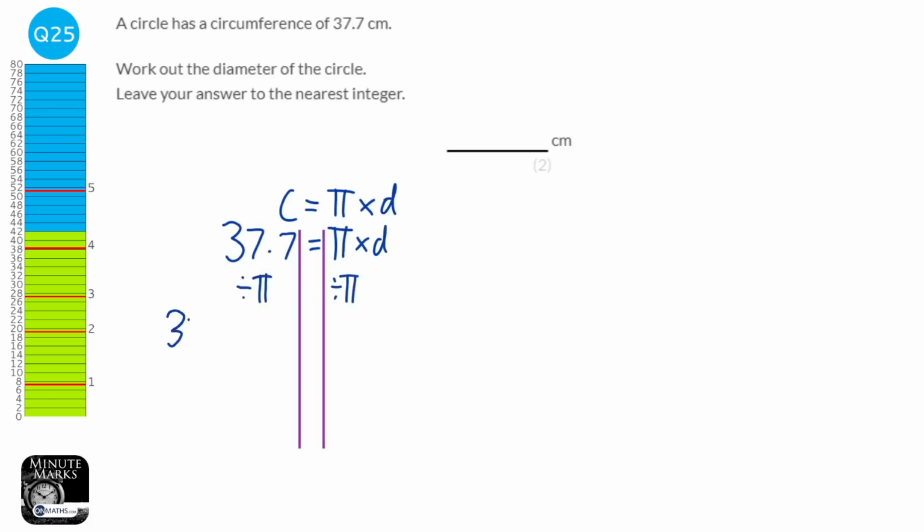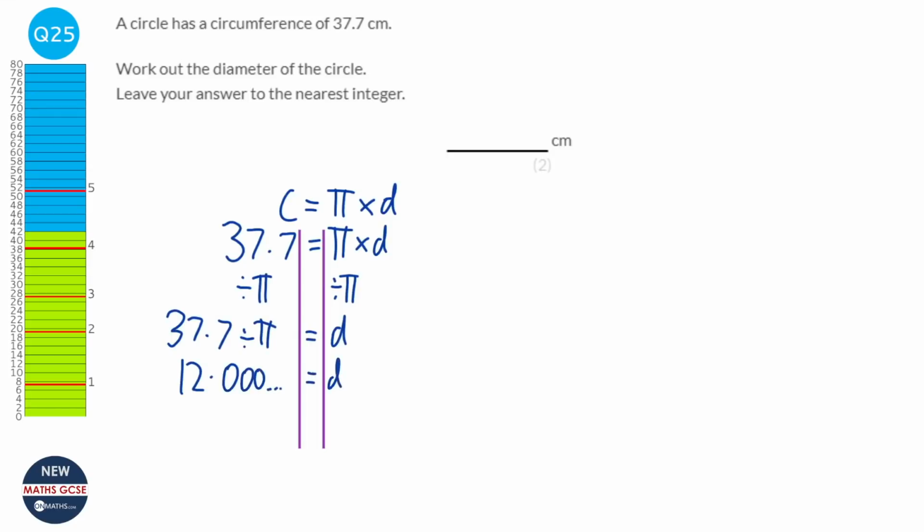So we've got 37.7 divided by pi equals the diameter. And so that is, when you round, it's 12.00 and so on. Round to the nearest integer, that would be 12 centimeters. And we can try it by typing in 12 times pi, and we get what would round to 37.7.